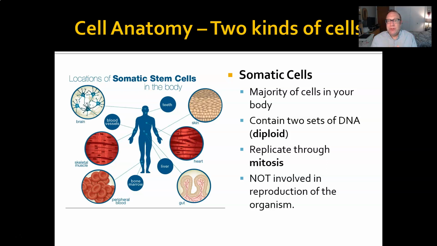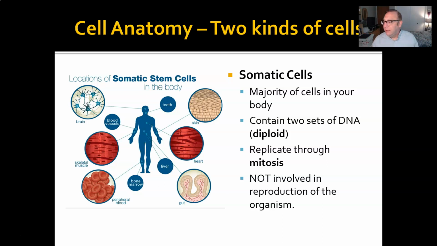Somatic cells use a process called mitosis that we'll talk about a little bit in a future video. And they are not involved in reproduction of the organism at all. Changes to your somatic cells will not affect the children you have later.